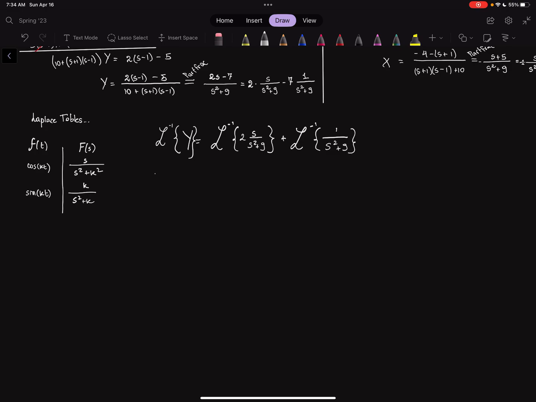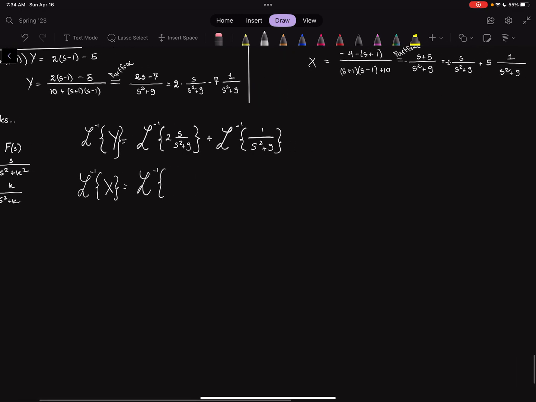And then at the bottom, the Laplace inverse of the big X is going to be equal to the Laplace inverse of what? Of s plus 5. No, I wanted to decompose it. So minus 1 times s over s squared plus 9 plus 5 Laplace inverse of 1 over s squared plus 9.